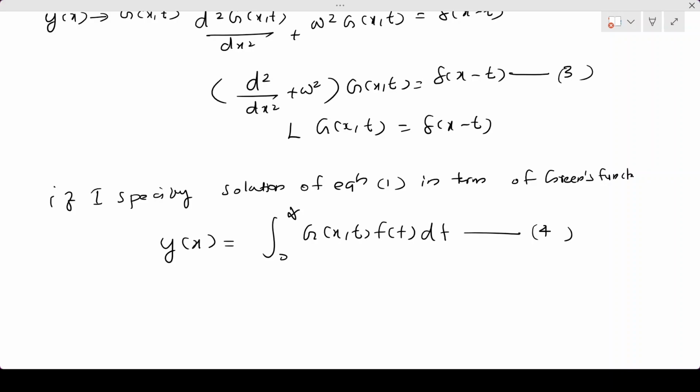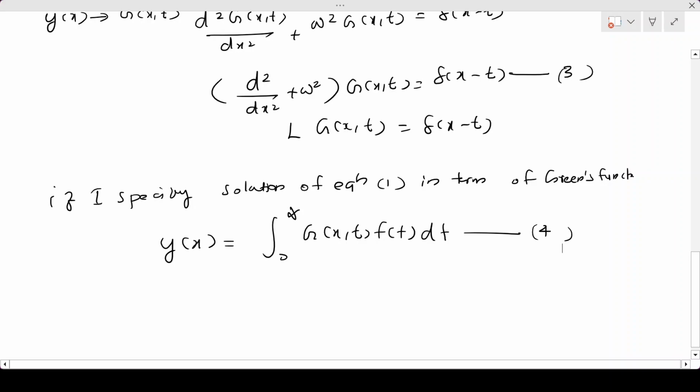This is equation number 4. Equation number 4 is the solution of equation number 1, that is, the non-homogeneous second order differential equation y double dash plus omega square y is equal to f of t. So this is a possible solution in terms of Green's function.